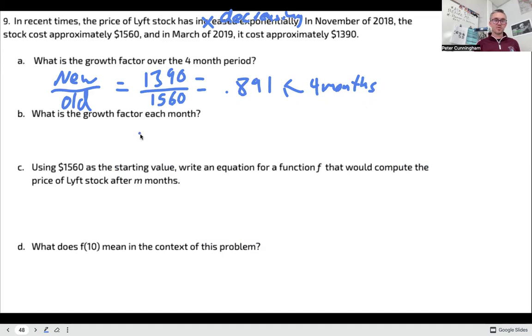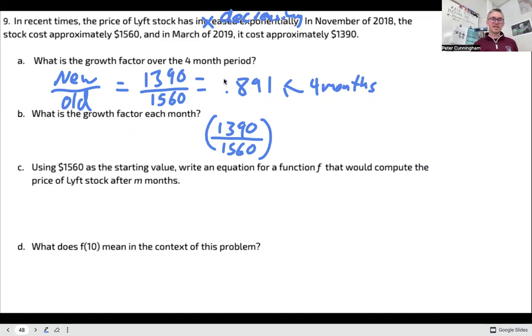What is the growth factor each month? Well, I take that number, 1,390 over 1,560, which is 0.891. Now that's rounding, so I'm keeping this in parentheses because I don't necessarily want to round it when I take it to the power.